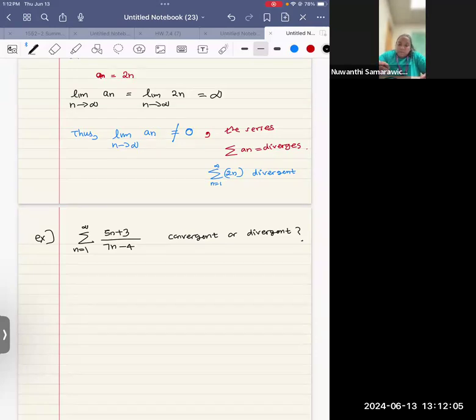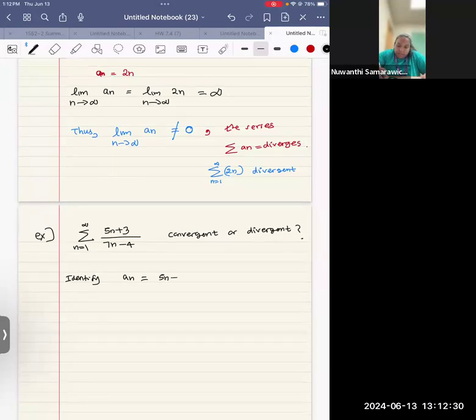So the first step is you have to identify the nth term. What is the nth term here? Let's do it with me. Okay, yes, good: 5n plus 3 over 7n minus 4.